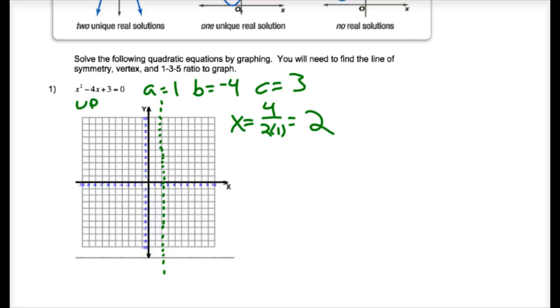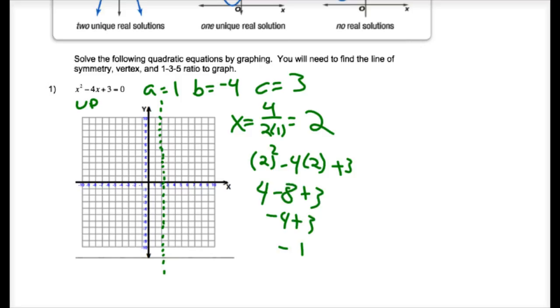We know this one does open up. So I'll put 2 in there. I don't need to write equals 0. So 4 minus 8 plus 3, negative 4 plus 3. Anybody else get negative 1 for the y value? Yeah. So the vertex is at 2, negative 1. Graph that point, please.